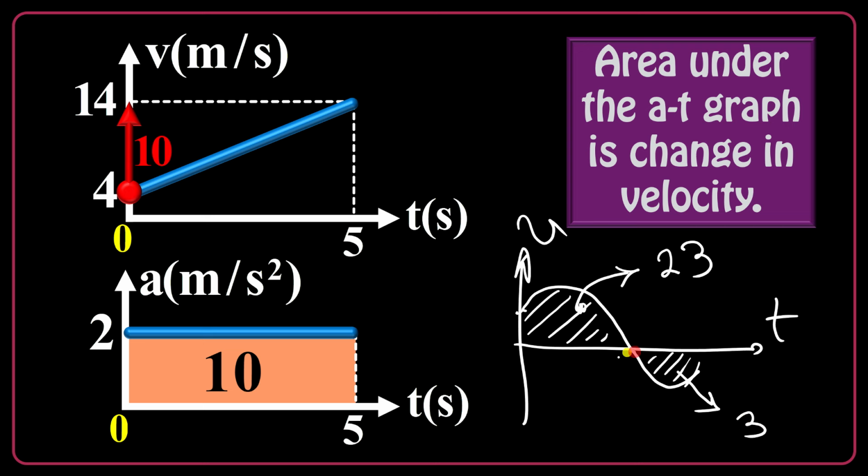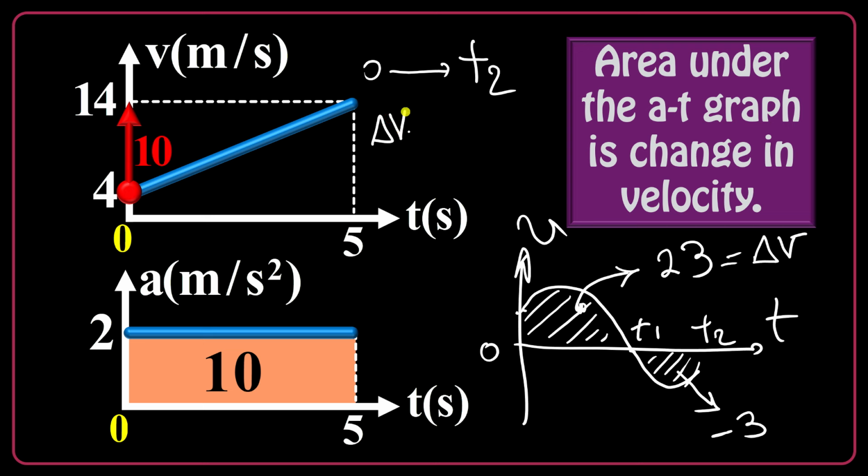Means that from 0 to t1, the change in velocity is 23, and from t1 to t2, the change in velocity is negative 3, because the area below the t-axis indicates negative change. So totally from 0 to t2 here, I can say the change in velocity is going to be 23 minus 3, which is 20 meters per second.